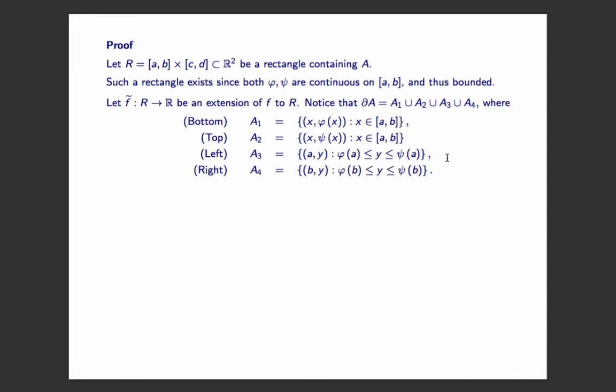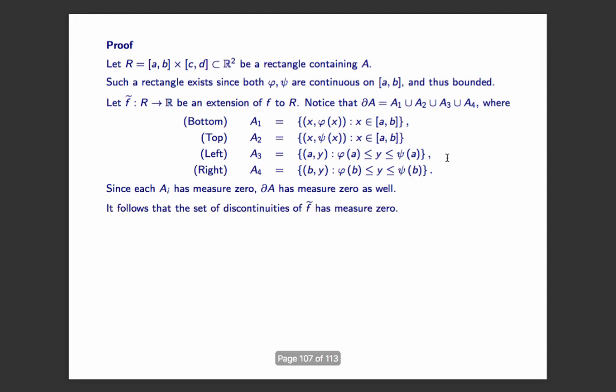And the right, which also could be a vertical line, but again, in my picture happened to be just a single point because psi of b and phi of b equaled each other. Now, since A1, A2, A3, and A4 each have measure 0, the boundary of A has measure 0. It follows that the set of discontinuities of f tilde also has measure 0. Therefore, f tilde is integrable over R.